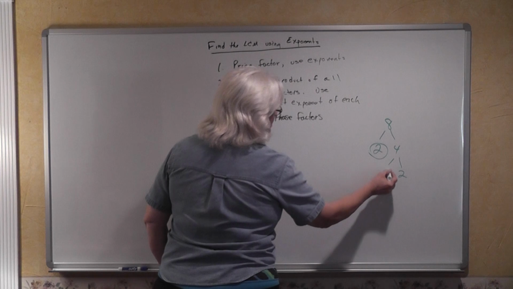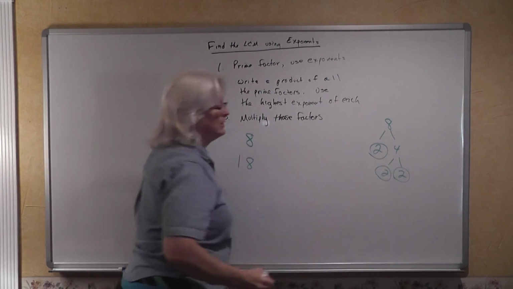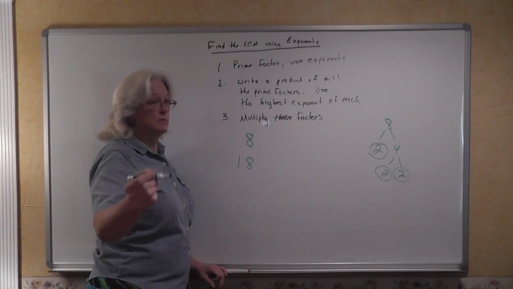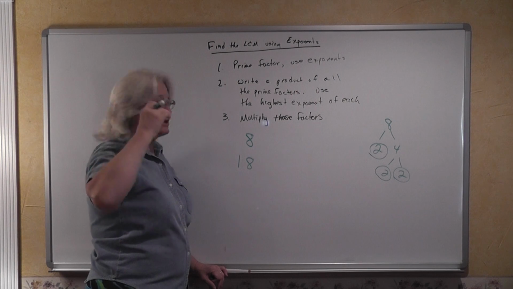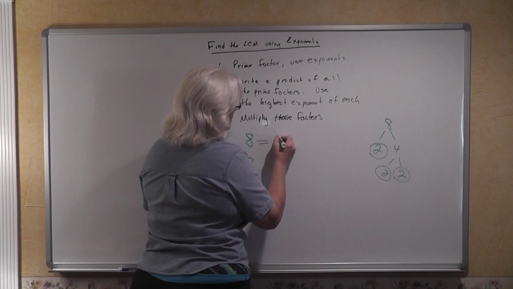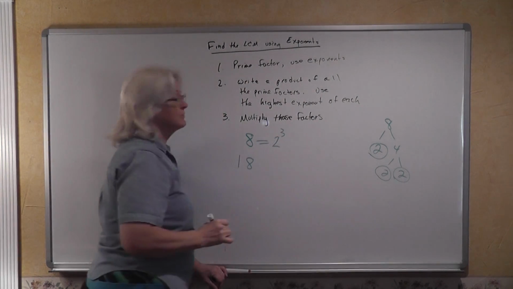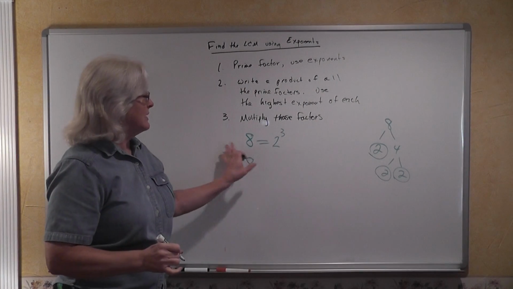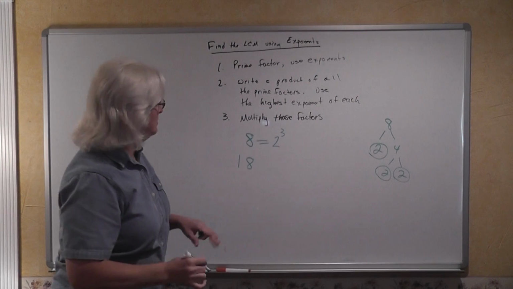You now have 3 prime numbers. And how would you express 2 times 2 times 2 as an exponent? Well, it is 2 used as a factor 3 times. So we have 8 is equal to 2 cubed.